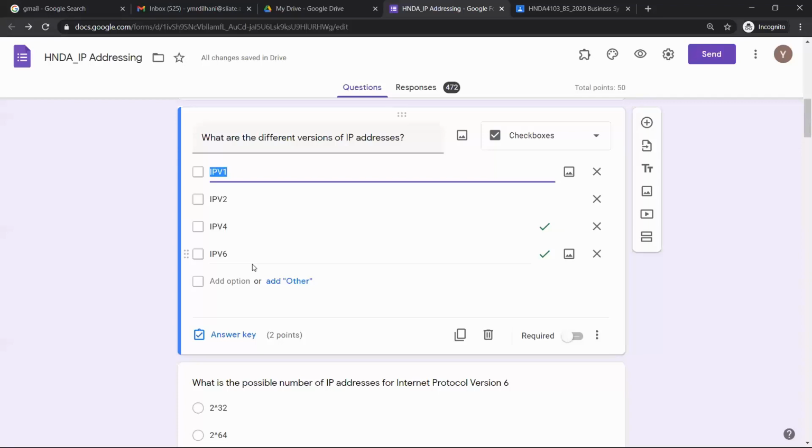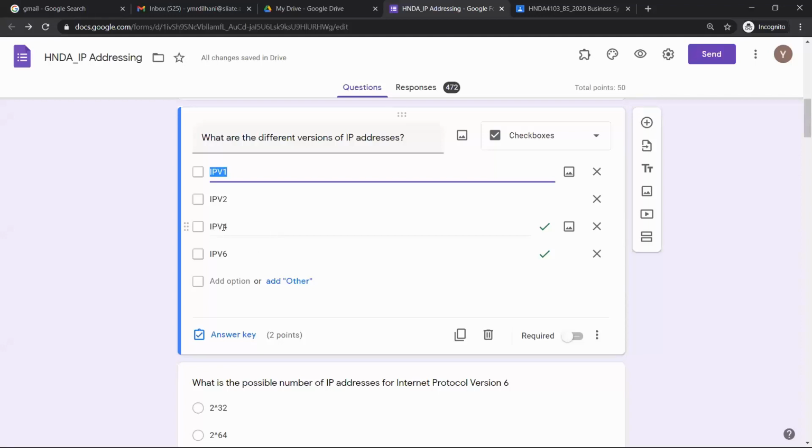In decimal, we have numbers from 0 to 9, and thereafter 10 means 1 and 0, 11 means 2 ones, 12 means 1 and 2, like that. So there are numbers from 0 to 9 in decimal numbers, and when we have binary numbers, we have only zeros and ones.